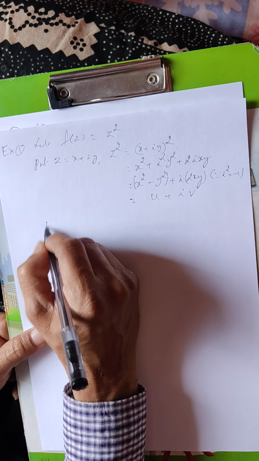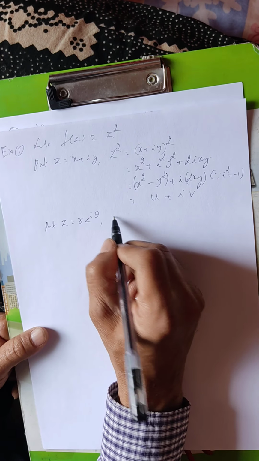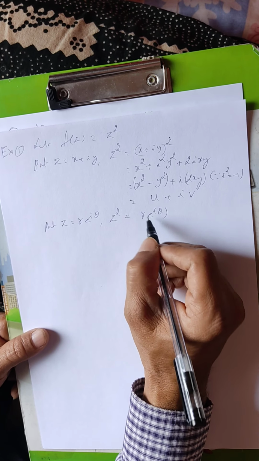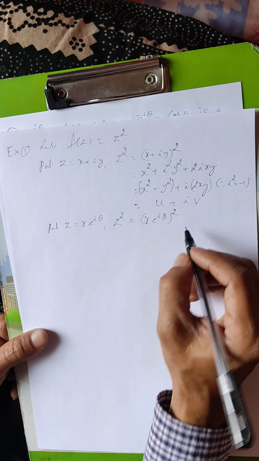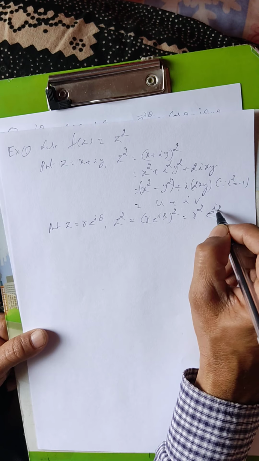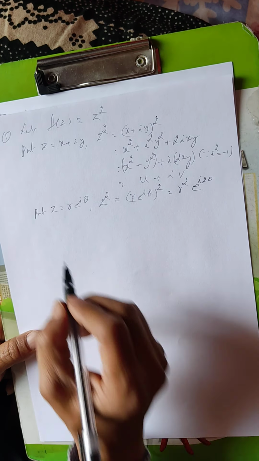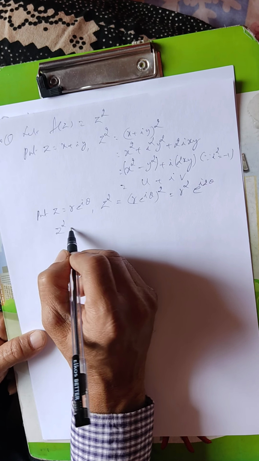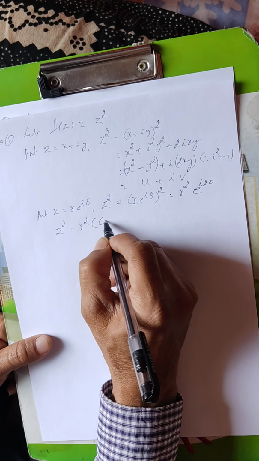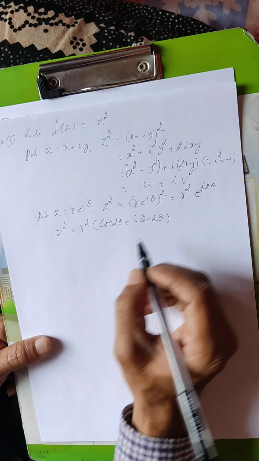The same thing in polar form. If you substitute z = r e^{iθ}, then z² = (r e^{iθ})². That can be written as r² e^{2iθ}, that is e^{i·2θ}. So z² = r² e^{i2θ} can be written as cos 2θ + i sin 2θ.